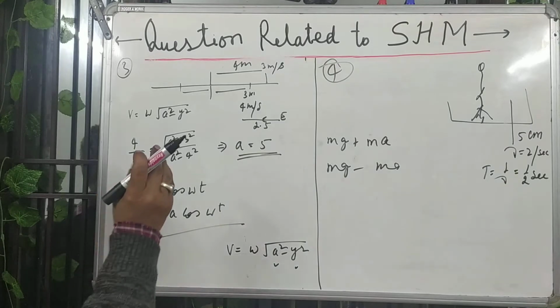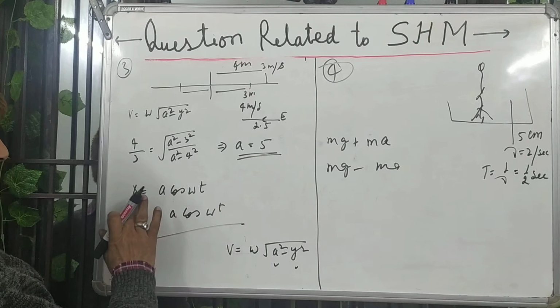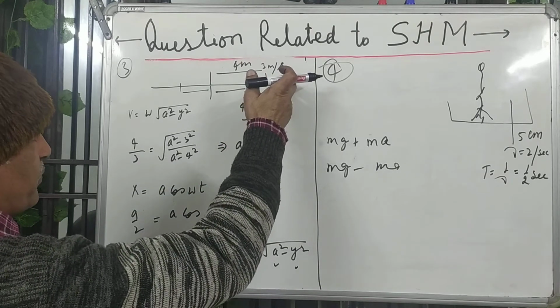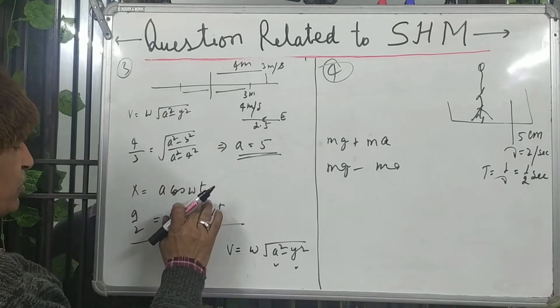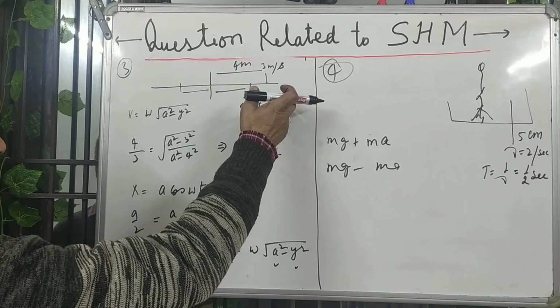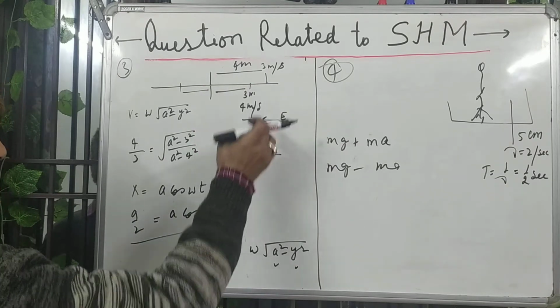Next, the particle moves from this to this, and the time is to be found. So x equals a cos omega t is the equation when the particle moves from the extreme position to this. The displacement is 2.5. Here you have got amplitude 5, so that is a by 2.